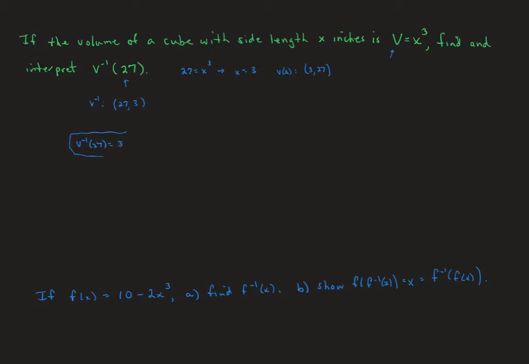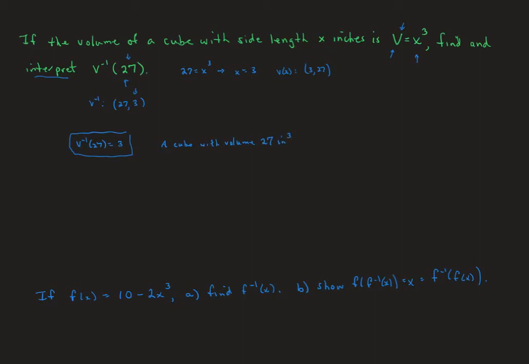So that's the find part. And now what we want to do is interpret this. So for the original function, we input a side length and we output a volume. That means for the inverse, we're inputting a volume and we're going to output a side length. So we will say a cube with volume, that's what we started with here, that was our input, with volume 27, and that would be cubic inches.